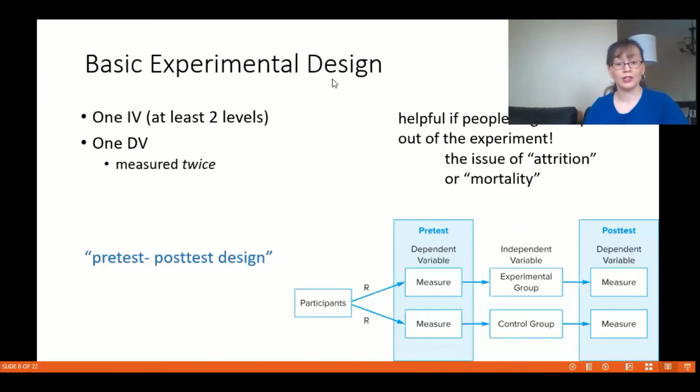And so if we only have a post-test only design, we put our smokers into our two groups. Control group is going to keep doing what they're doing. Our treatment group is going to have some kind of therapy or medication. And if we have attrition, then again, the heaviest smokers who might be more likely to drop out of that experimental group, at the end of the day, when we run our stats, that's going to leave the lighter smokers in our treatment group.